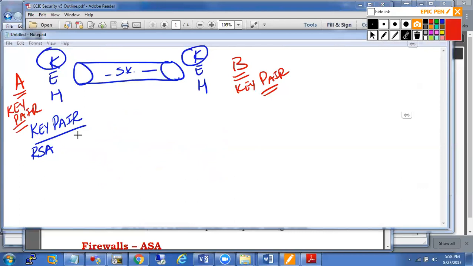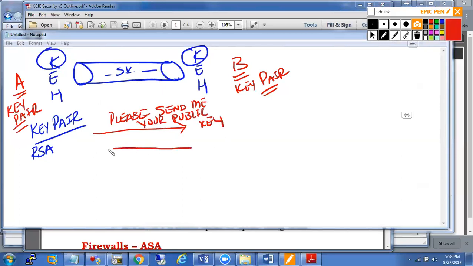Now that I have a key pair, the next thing I will do is, let's say A wants to set up a tunnel to B to exchange the session key. What A will do is say, please send me your public key. B obliges and sends what?